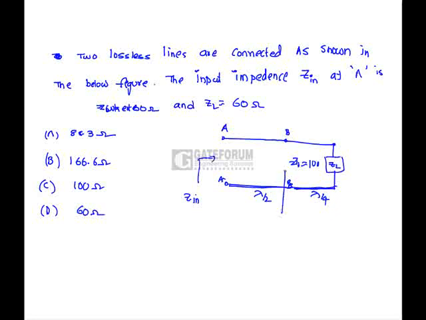Suppose we calculate Zin dash, that is Z0 square by ZL, that is 100 square divided by 60, which is 166.66 ohms. But this line length is lambda by 2, means Zin is nothing but Zin dash. Hence option B is correct.